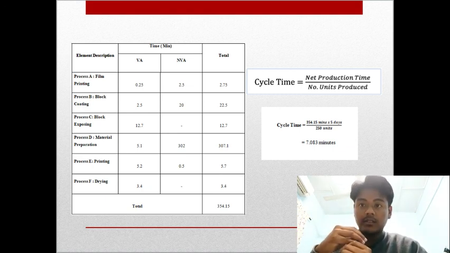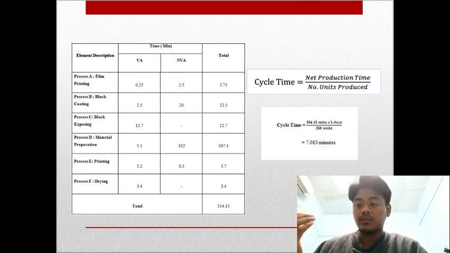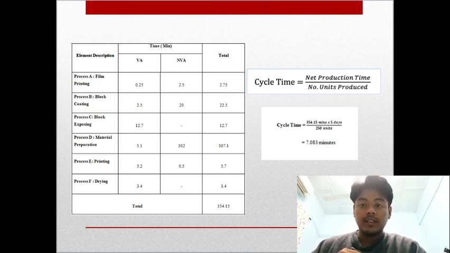So the total is 354.15 minutes for 5 days, and we have to divide by 250 units, which is the unit produced for a week for this process. Then we will get 7.083 minutes.